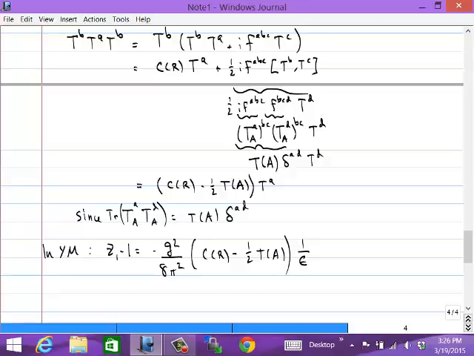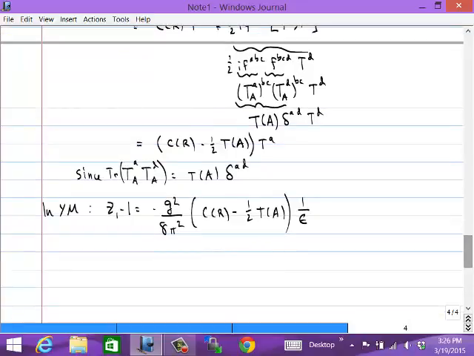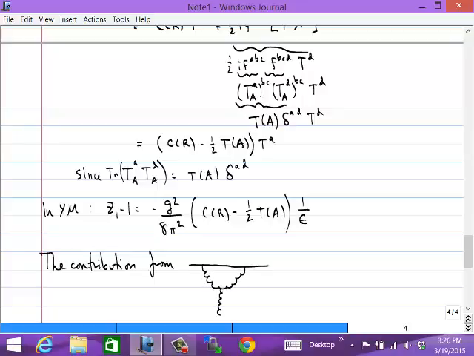Now, as we saw above, in Yang-Mills theory, there's also the contribution from the new diagram that doesn't appear in QED. So what does that contribution look like? It looks like that one.